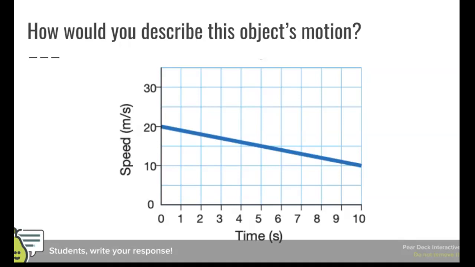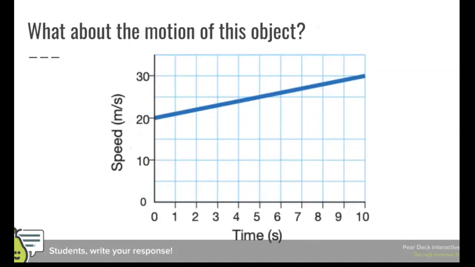Let me clear your hands. Our last graph, your last opportunity to participate. What about this graph? What is the object doing in this one? Kevin, what is the object doing this time? The object's speed is increasing over time. All right, thank you.